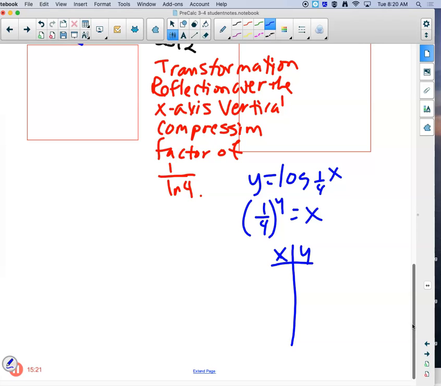And remember that I'm putting in y's here. So I need a few more negatives this time because it is a fraction between 0 and 1. To the -2 power, we'll take the reciprocal and then square it. That's going to be 16. And to the -1 power will be the reciprocal, and we'll just flip it. That's going to be 4. To the 0 power is 1, and to the first power is 1/4. And then we'll be able to graph this.